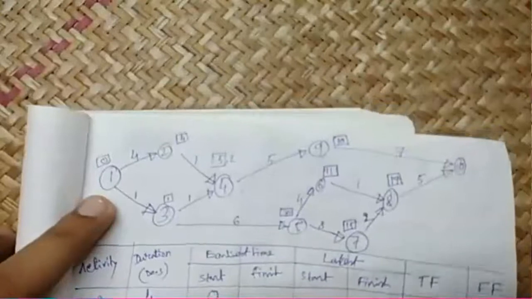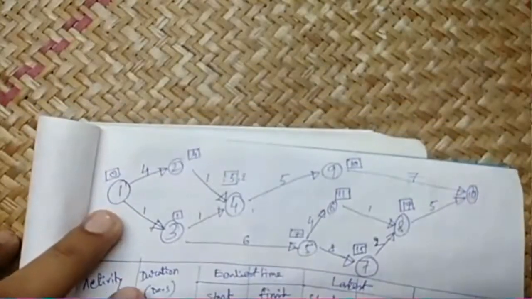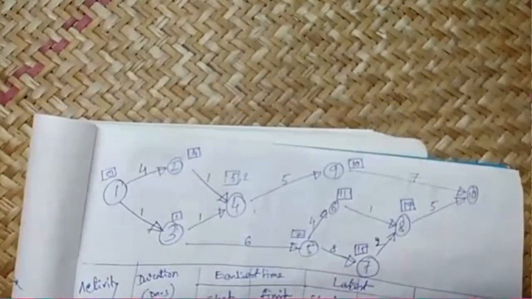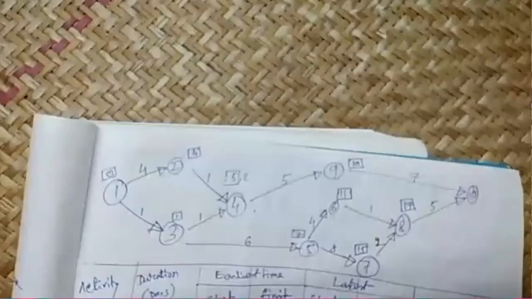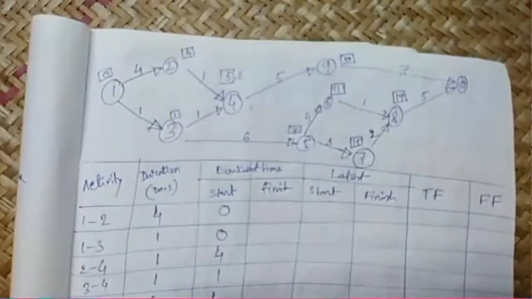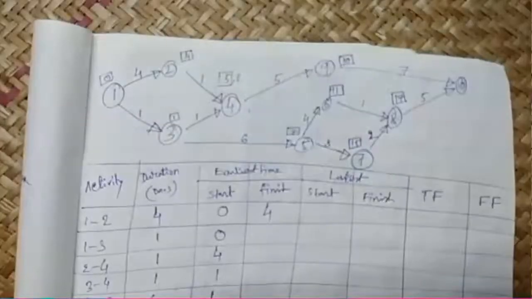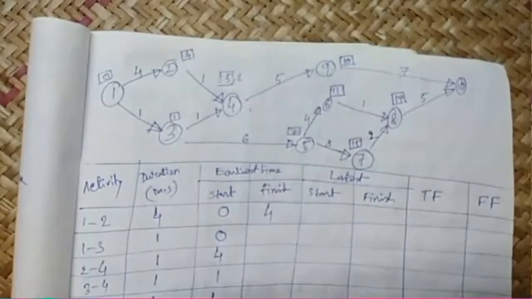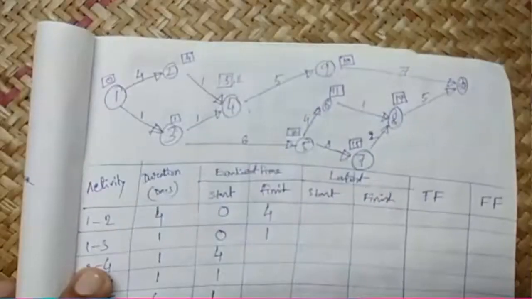Now we look for the earliest finish. If we look at activity 1 2, it has earliest start on 0. Earliest finish will be 0 plus the duration. That means 1 3 can be completed at the earliest at 1 day.